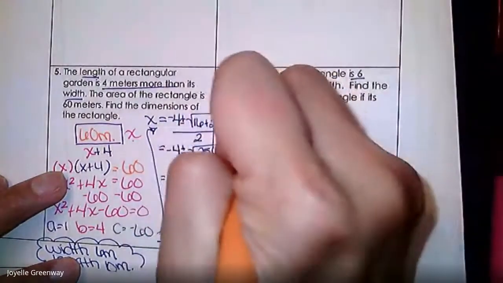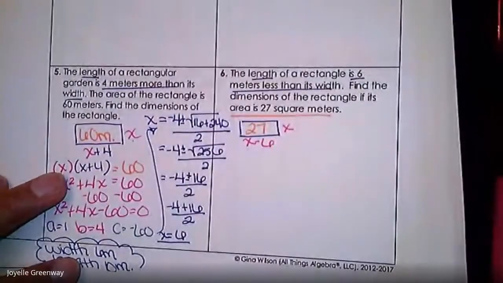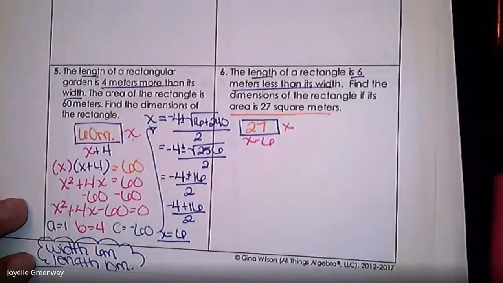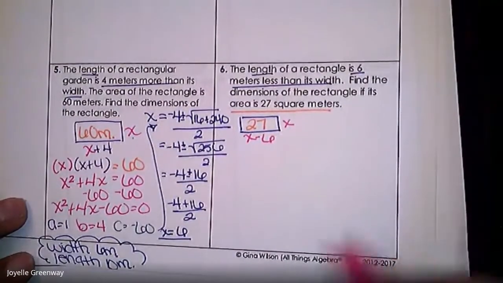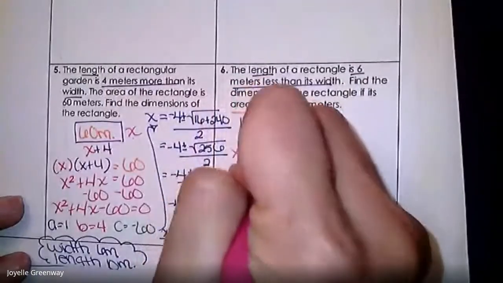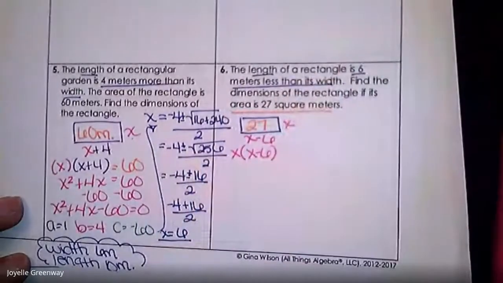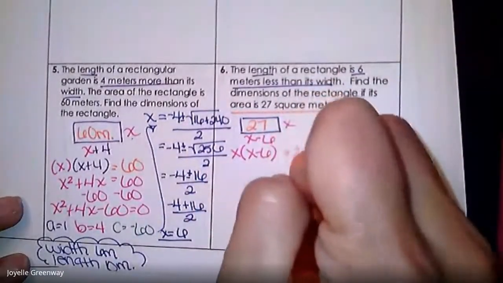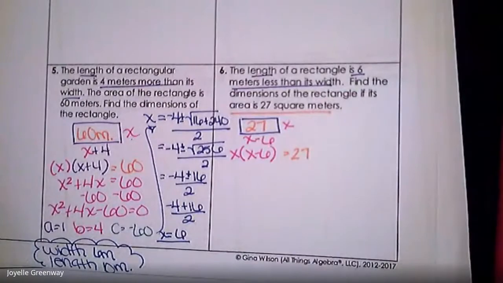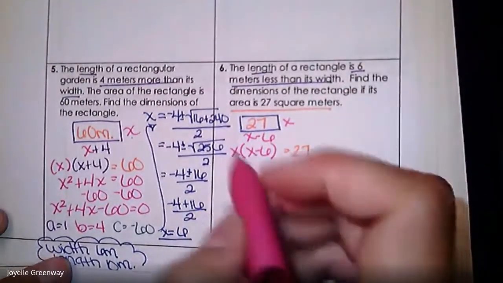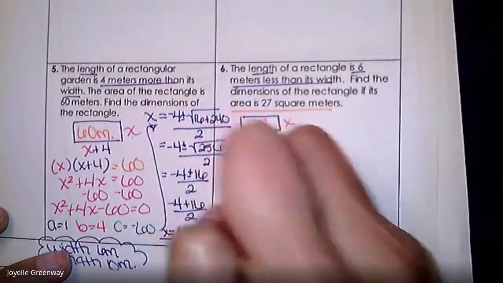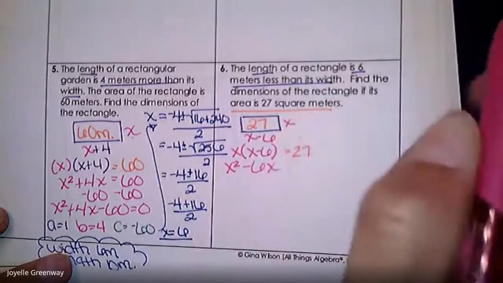And my area is 27 meters. So remember, area is length times width. So I have x times x minus 6, and that equals 27. If I distribute that x in, I get x squared minus 6x.